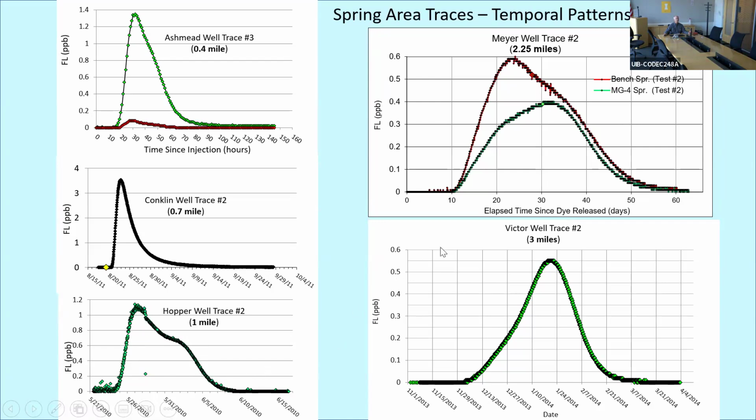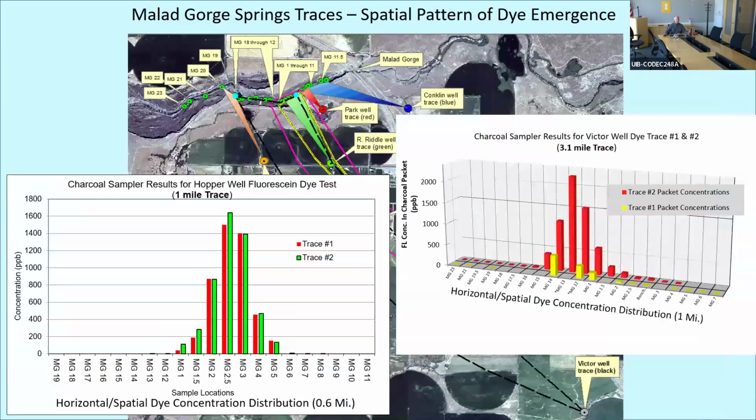Down on this one, then we have some more centered and right skewed response in the breakthrough curves. This is a 2¼ mile trace in the upper right, and the lower right is a 3-mile trace with a real nice single peak center skewed breakthrough curve. Just some examples of those patterns of the breakthrough curves.